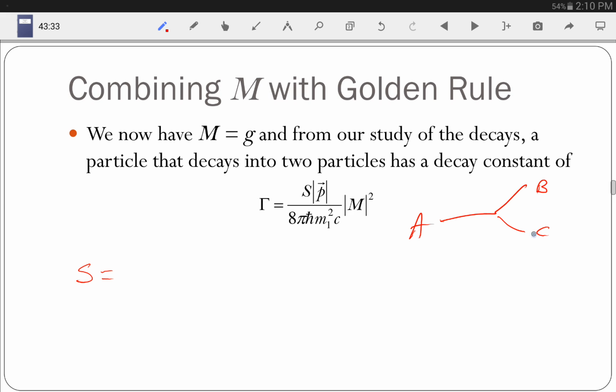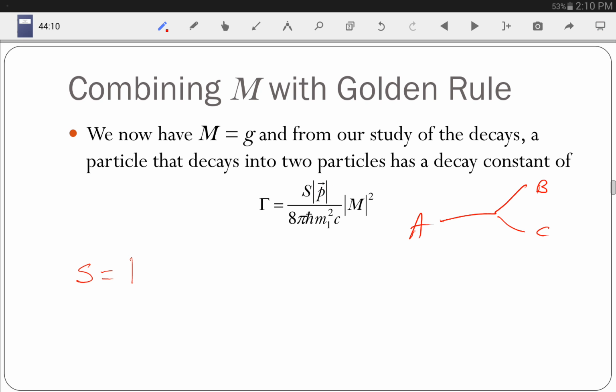If we have identical products, then S is equal to 1 over the number of identical products factorial. And if I have two different types of identical, then it's just going to be the product of what I'd have for each one. So how many identical products do I have in this? Zero. Okay, so S is just going to be 1. If this had been B and B, then S would have been 1 over 2 factorial. Okay, so I have S is 1.